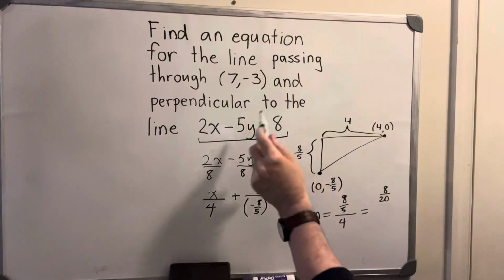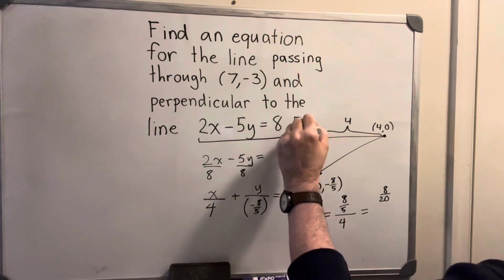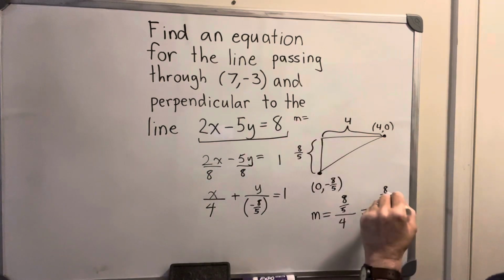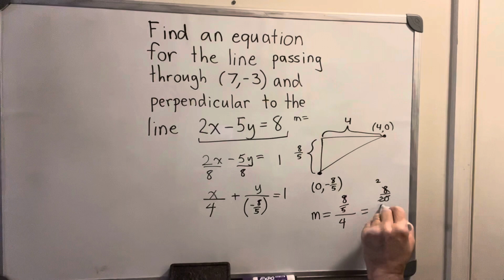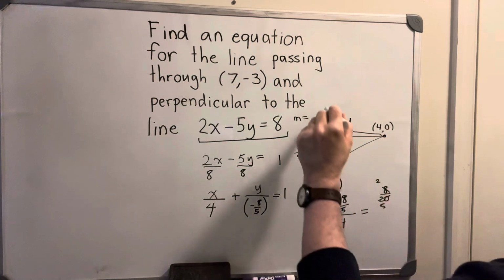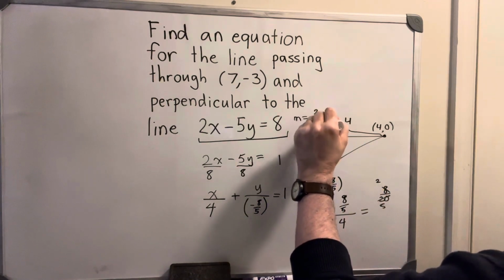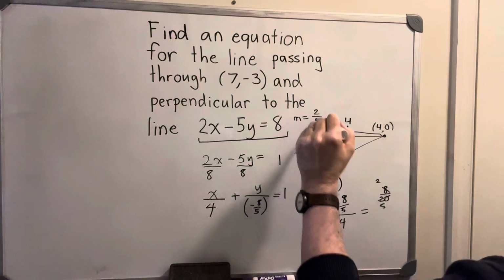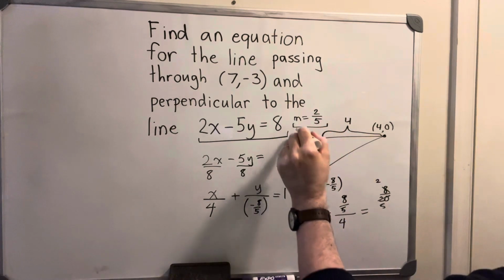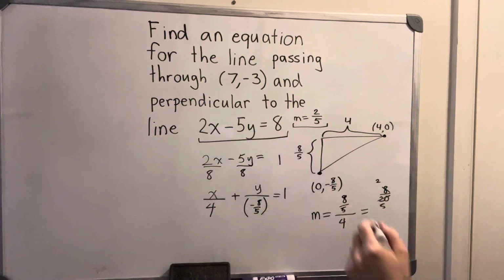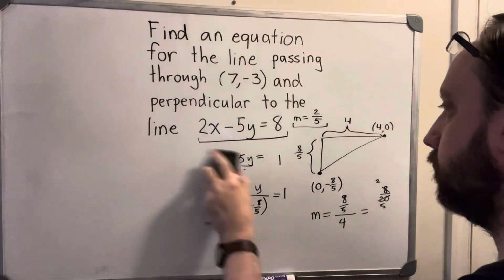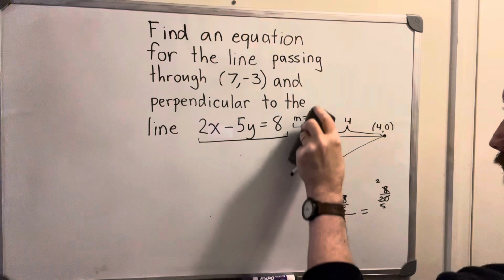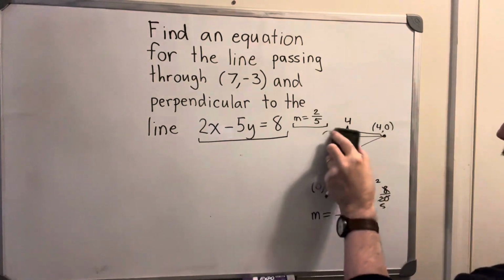So the slope of this line, we can cancel out, it's the same as 2/5. So now we know the slope of this line. The slope of this line is 2/5. You notice the slope is positive because it's going up.